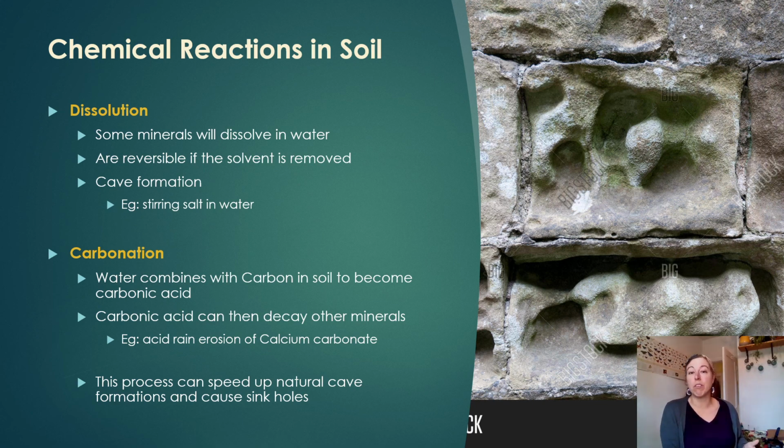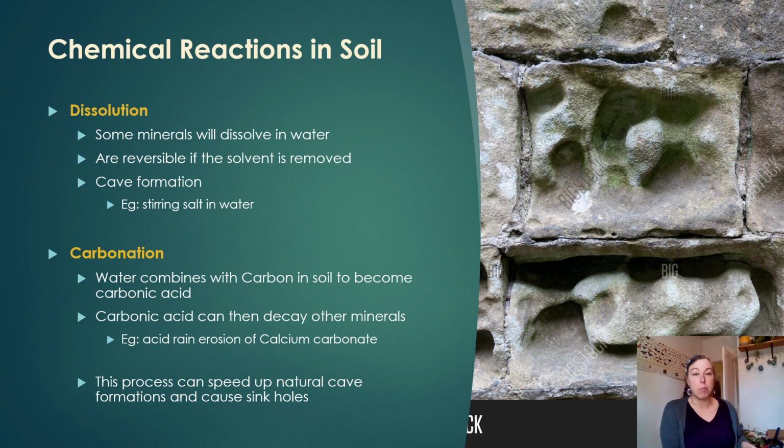And it's one of the reasons why climate change and carbon levels in the atmosphere are problematic, because we're changing the carbon content of the oceans and lakes, and the slightly acidic water is going to start breaking down the shells of all these critters and any limestone rocks.